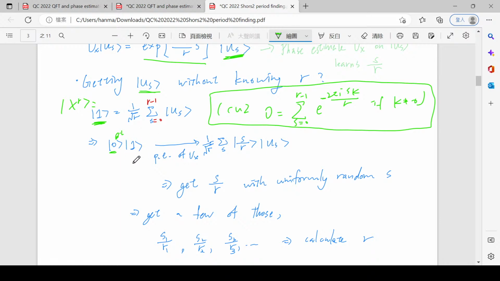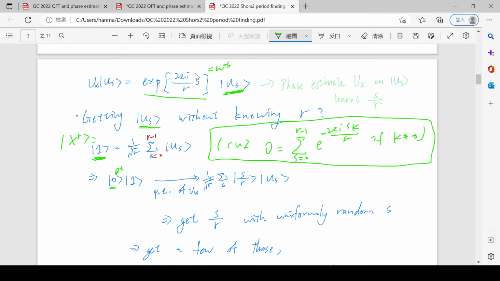Because |1> is not actually an eigenstate of U, we decompose |1> into eigenstates of U, and we know |1> is the summation of different |u_s> with coefficient 1 over square root r. Its phase is going to be s over r, because we just proved that. The phase is whatever is multiplying the 2 pi.